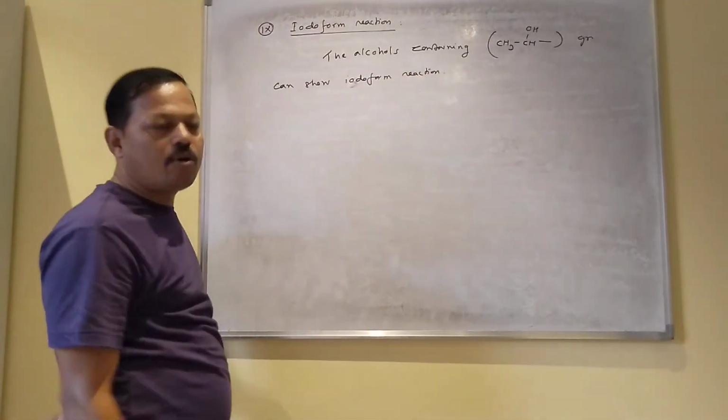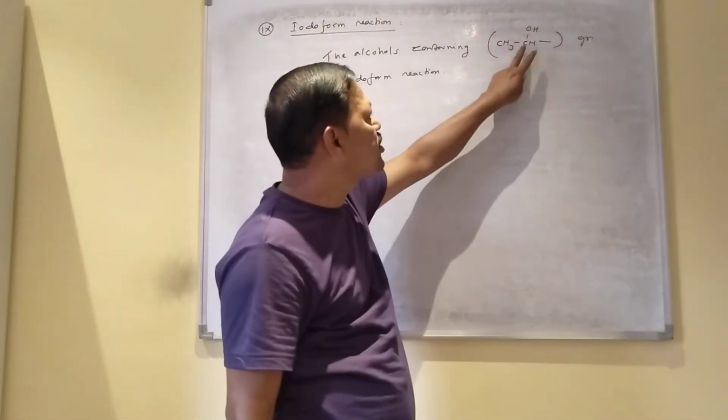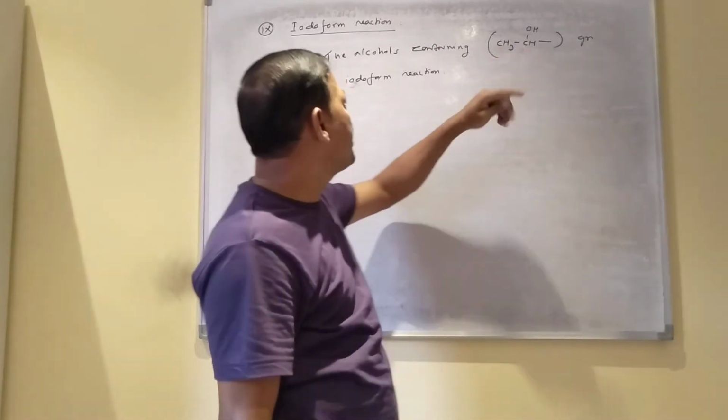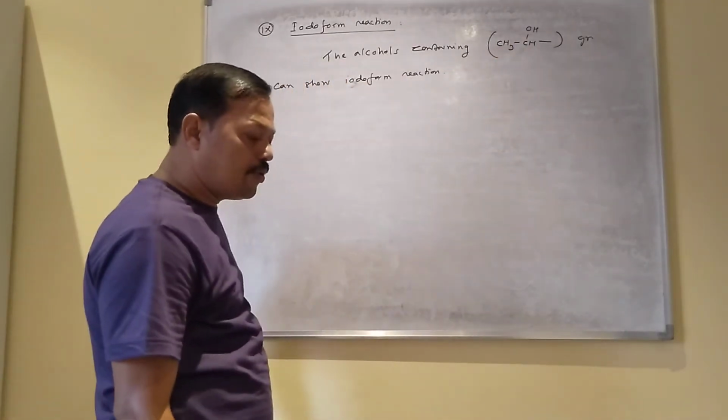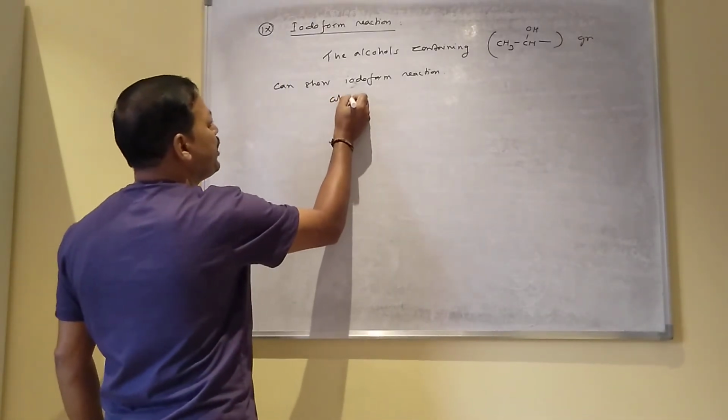So not all alcohols can show the iodoform reaction. Those alcohols which contain this group, I mean if the alcohol contains this group, that means it can show the iodoform reaction.